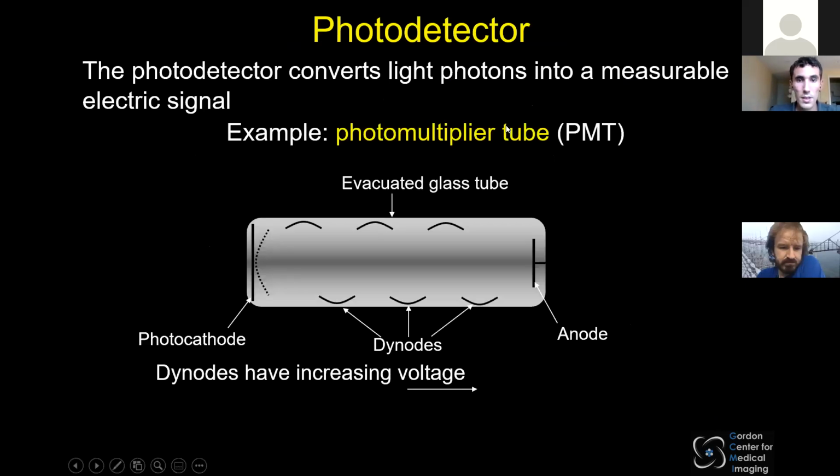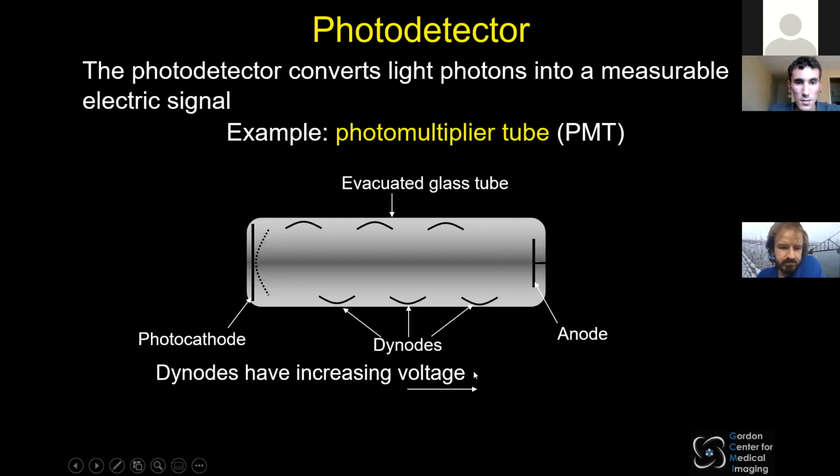A very good example of a photodetector that was used until relatively recently in our PET scanners was the photomultiplier tube, or PMT. Nowadays modern PET scanners use other types of technology such as avalanche photodiodes or silicon PMs. But I think it's still important to know what a PMT is doing, because it has been so important in the field.